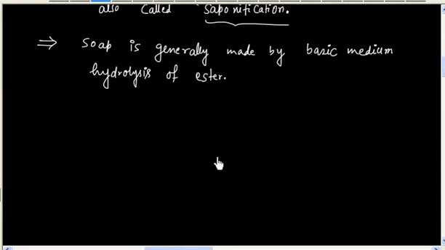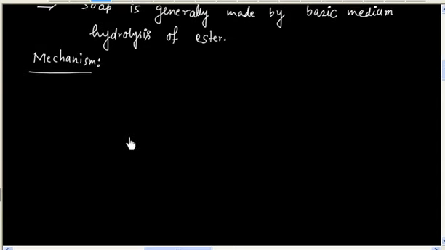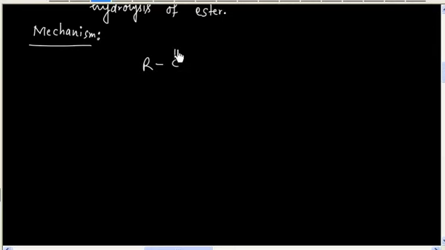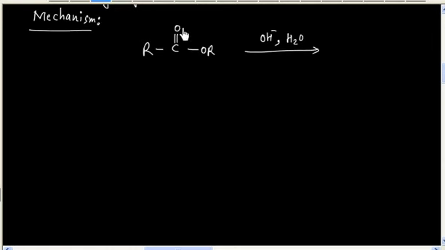So let us discuss the mechanism for basic medium hydrolysis. So we have an ester and we have OH minus as base in aqueous medium. First step is nucleophilic addition of OH minus.